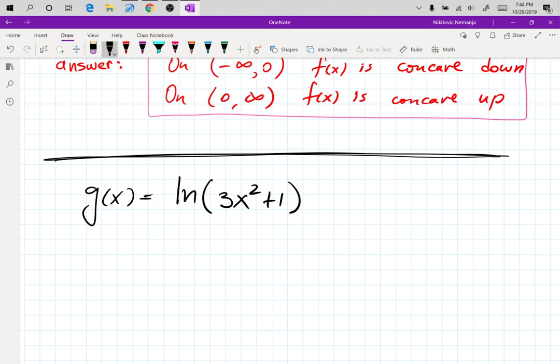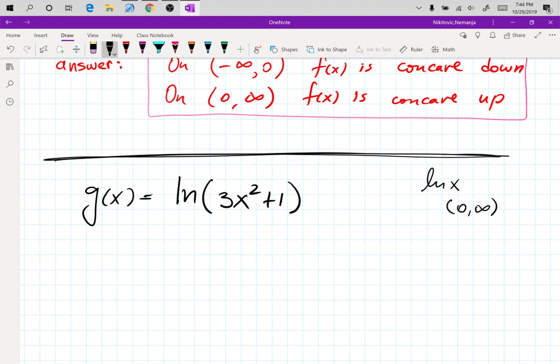Can anyone tell me anything about the domain of this function? All real numbers. Very good. We know that for ln of x, we have domain 0 to infinity only, because you can only plug in positive numbers in ln to get real values.